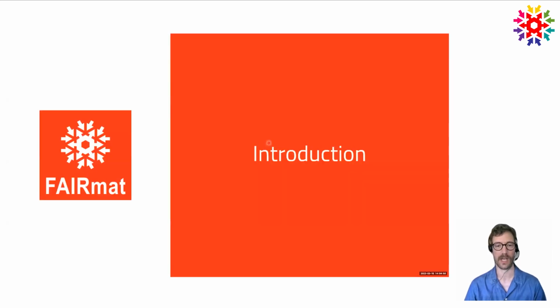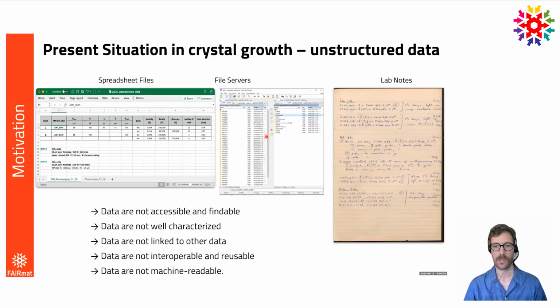Okay, so let me start with the introduction to the tutorial. At present, the research data management situation at many institutes looks like this. There is data in spreadsheets, there are file servers with folder structures and files, and there are also handwritten lab notes.